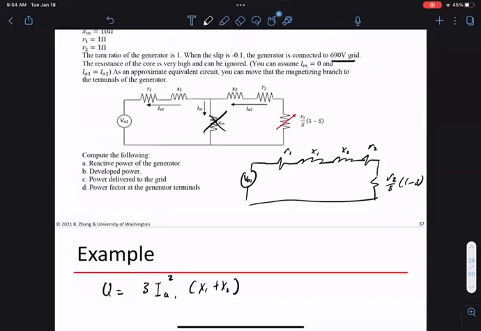This 690 volts, what voltage is this? Since we're talking about 3-phase now, is this a single phase voltage or what is this? It's a 3-phase RMS problem. This is a line-to-line voltage.